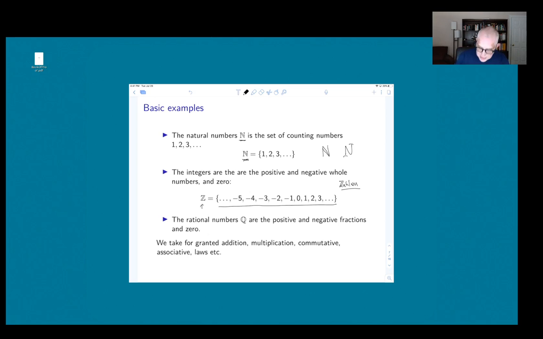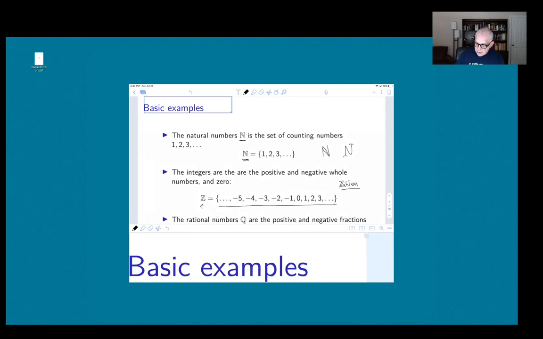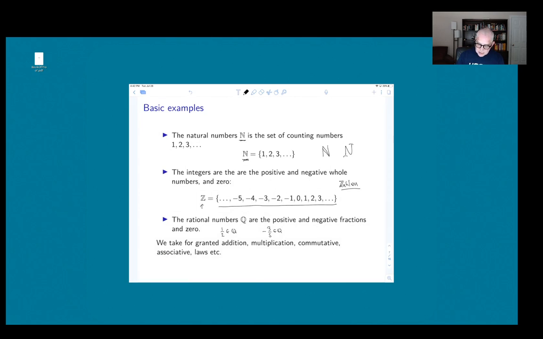So I didn't try to list Q because it's not really clear what order there might be, but for example, 1/2 is in Q, -3/5 is in Q, but also all the integers are in Q as well, because they are fractions. 100, which is the same as 100 over 1, is in Q, and -37 is also in Q.